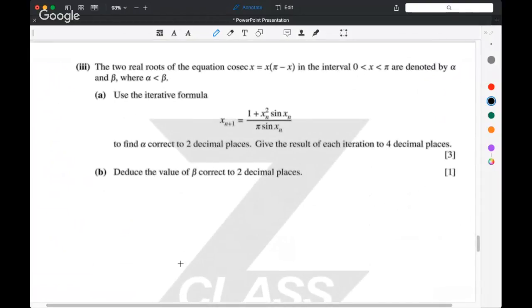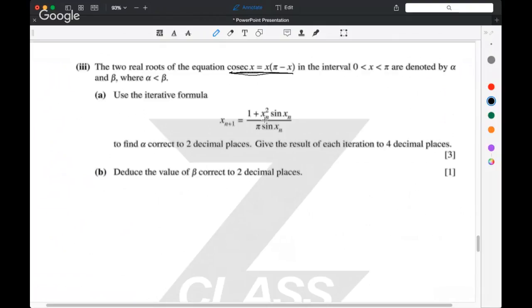Okay, now this one I'm not going to focus on too much because it is extremely tedious. This is one of those iterative formula questions, and it's part of the same question, so they're using this to allow you to find where those roots are because they can't be found very easily analytically.